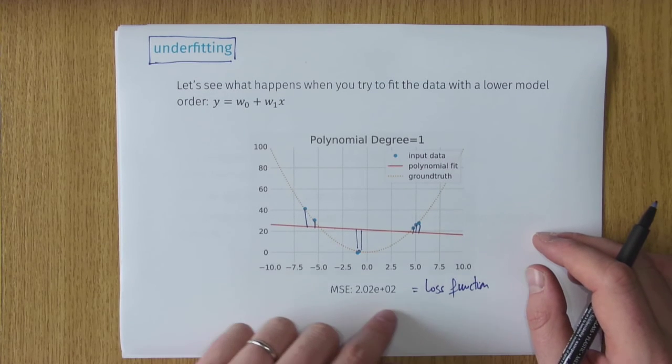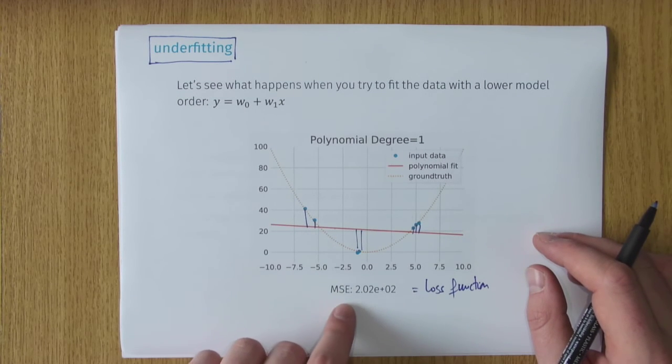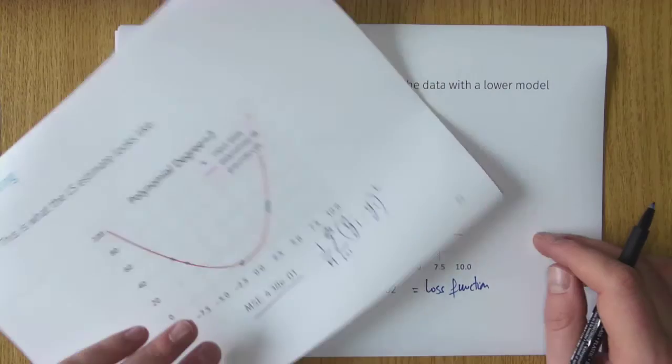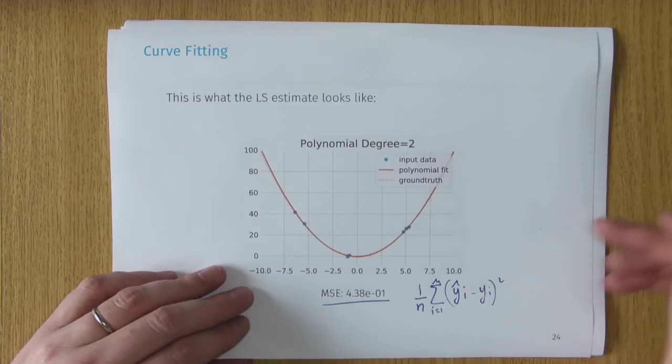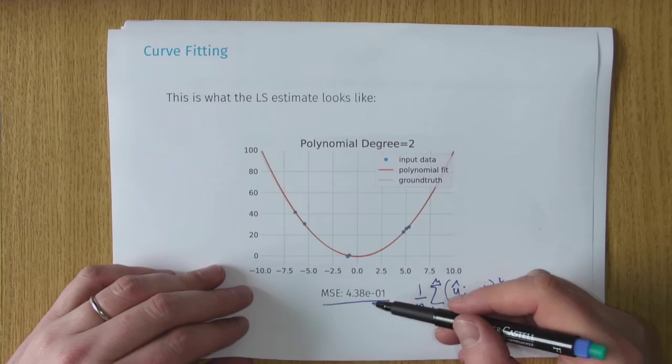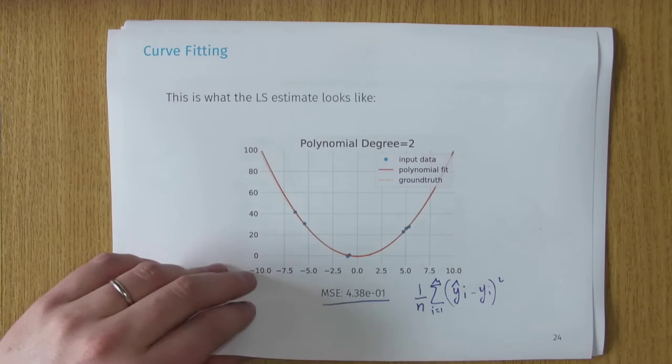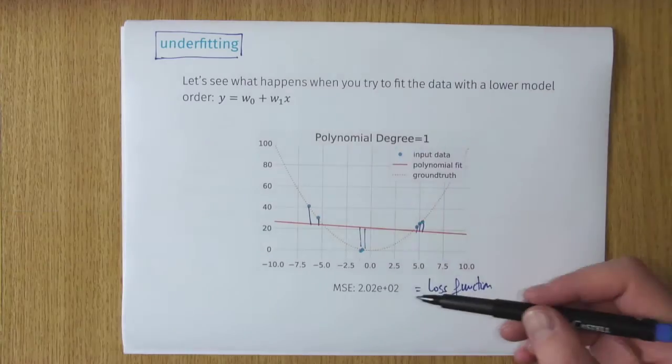Here the mean square error is quite high, much higher than what we had before. For the correct model, we had around 0.5 or something like that of error, and here it's 200.